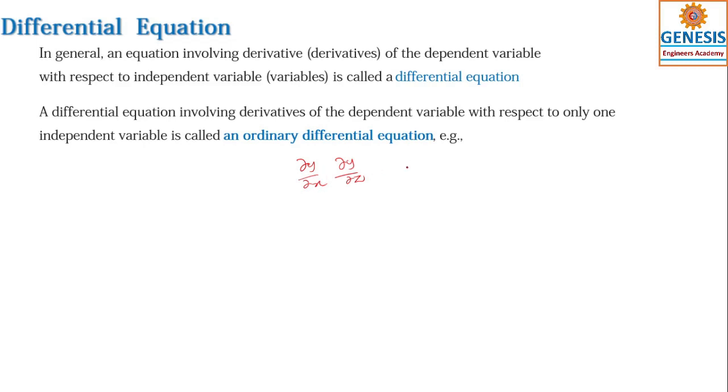Ordinary differential means exact differentials, that is dy by dx or dx by dy or du by dx. So these are the things, and you must know the fundamentals first. So this is the differential equation.